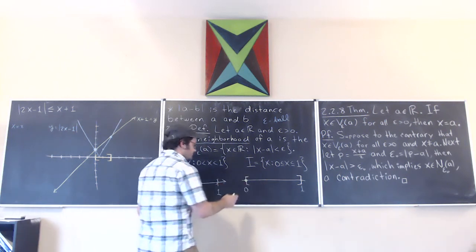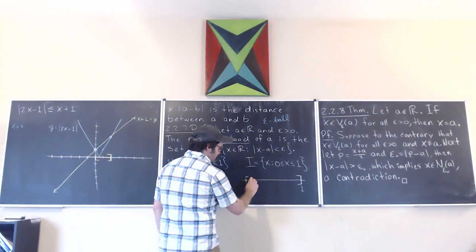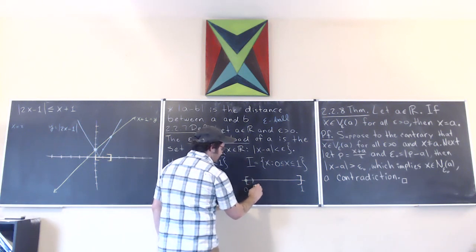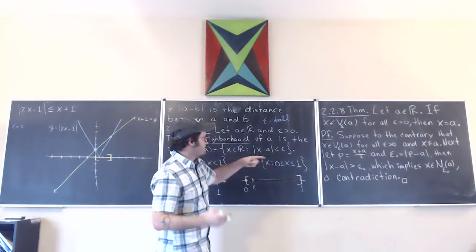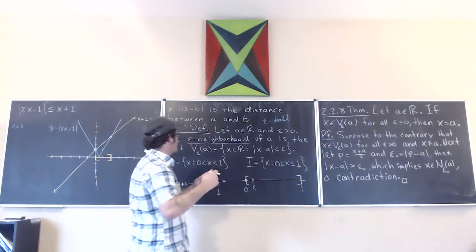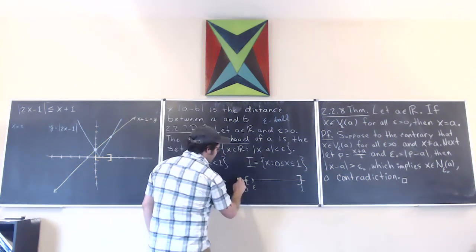For example, if I just take epsilon maybe this far out, the epsilon neighborhood is defined as that interval, right, to the left and right. This would be like minus epsilon.